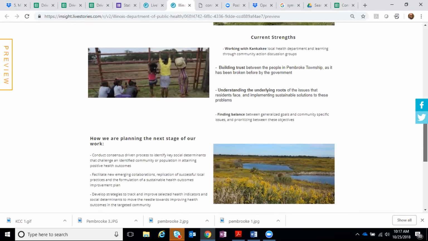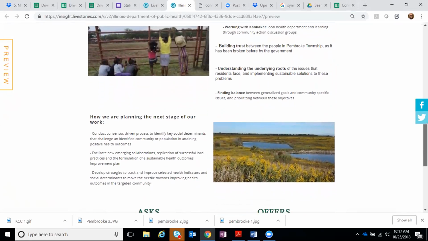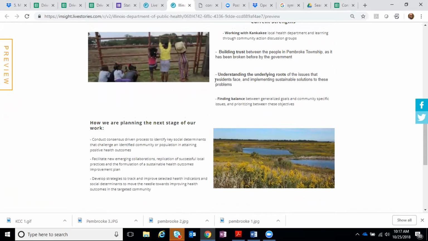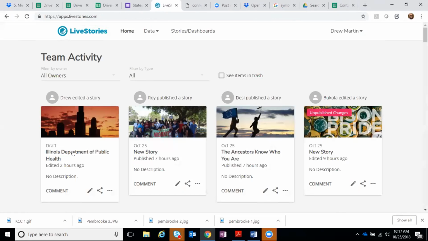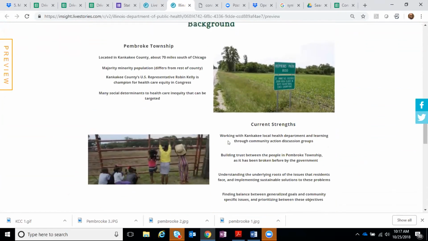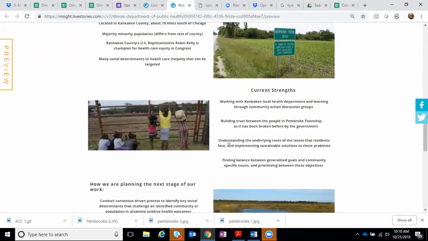Working with the Kankakee County Health Department, and given Laura's role as the Community Outreach and Planning Director, really helped us to identify key stakeholders in the community and to set up a listening tour where we could hear the concerns from the different community members. So in late August, Laura set up a full day of meetings with a diverse group of individuals in Pembroke Township.